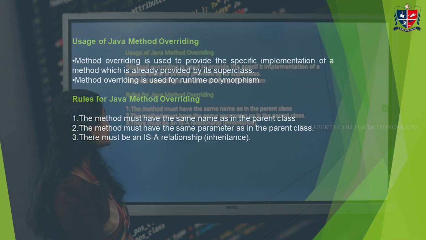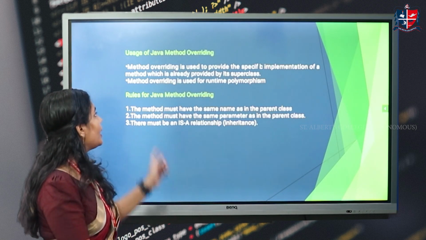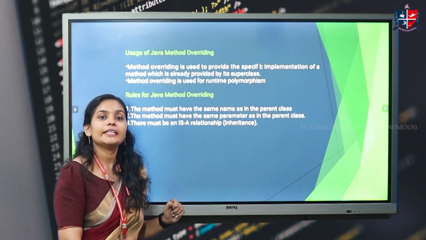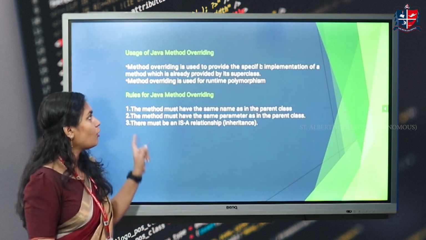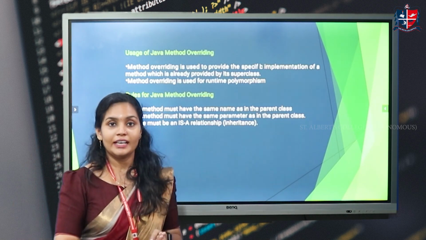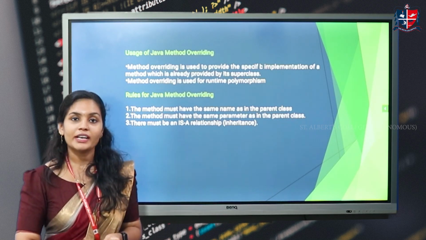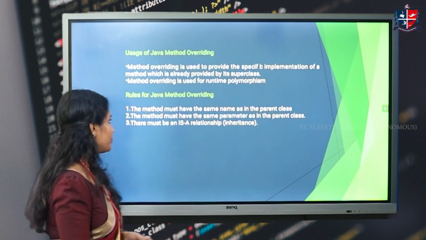Method overriding is used to provide a specific implementation of a method which is already created in the main class, and it is used for runtime polymorphism. Method overloading is compile time polymorphism, but overriding is runtime polymorphism.